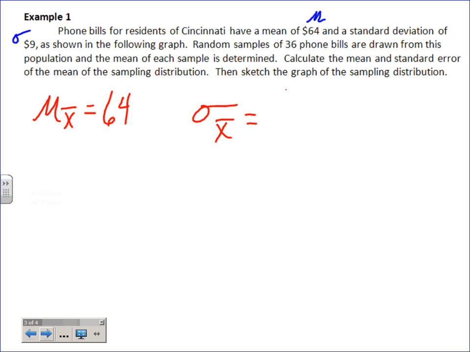So standard deviation is 9 divided by the square root of however big that sample was, which was 36. This was a nice number, and your assignment, they're not so nice. Use your calculator, whatever. It's close enough. The reason these are nice is obviously we know that number. It's 6, right? I'm going to give you numbers like 12, 24, stuff like that. But you know how to do that. It's not that hard. And so we came up with 1.5, right on.